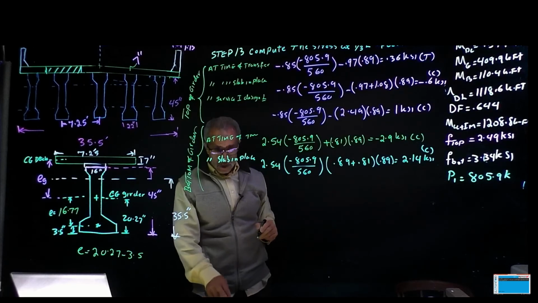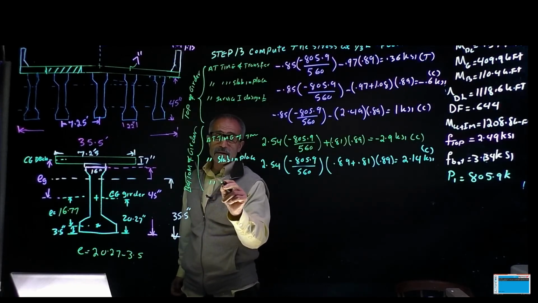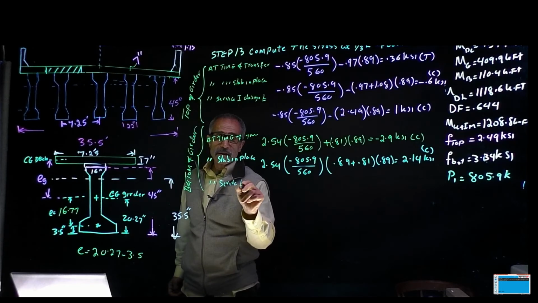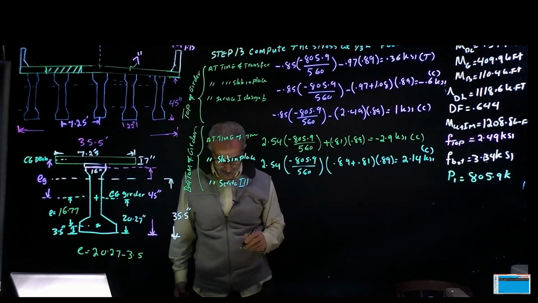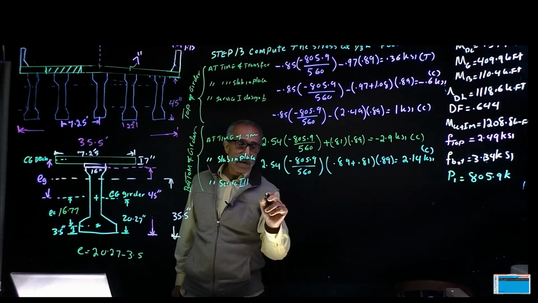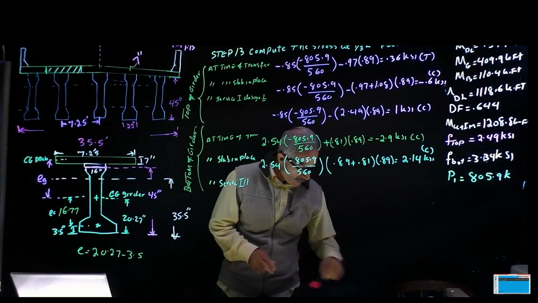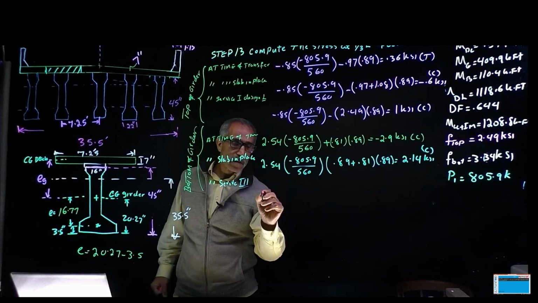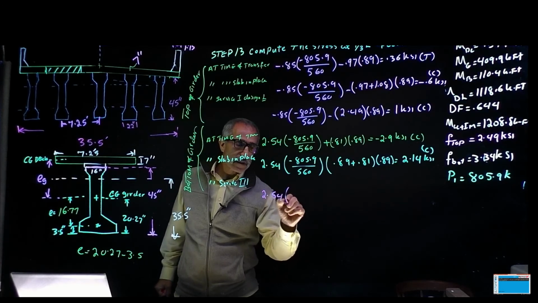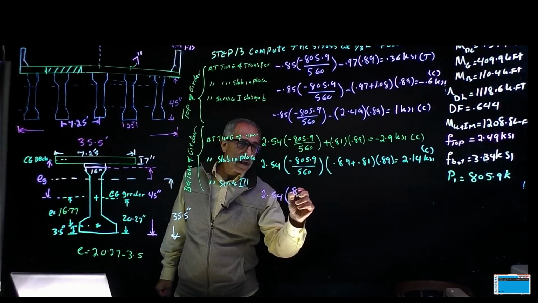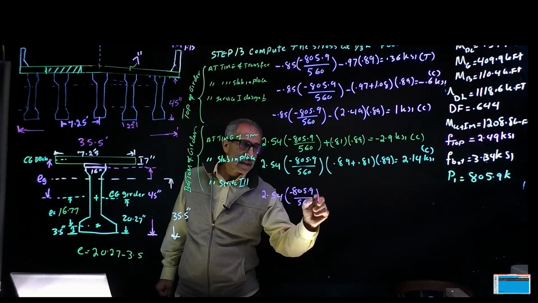Then we have the time at service, this time at service 3 design load. And that's going to be 2.54 times minus 805.9 divided by 560.